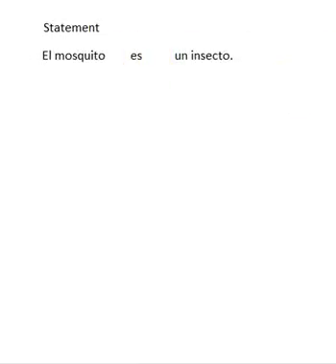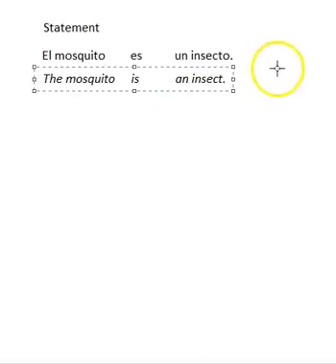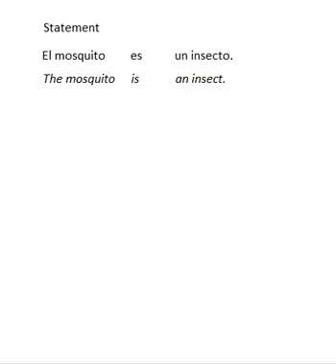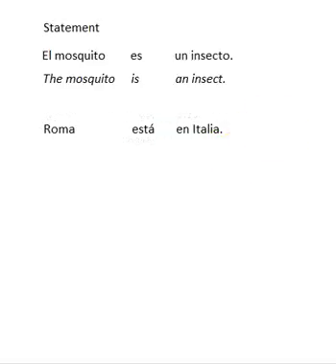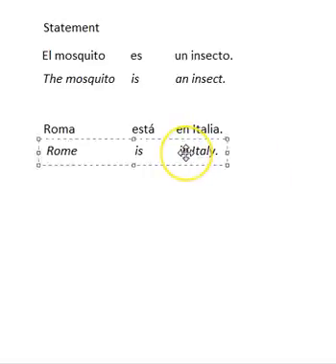And in English, this means the mosquito is an insect. Very similar structure. The other being verb that we learned is está. Okay, and we learned Roma está en Italia. And in English, of course, that means Rome is in Italy.